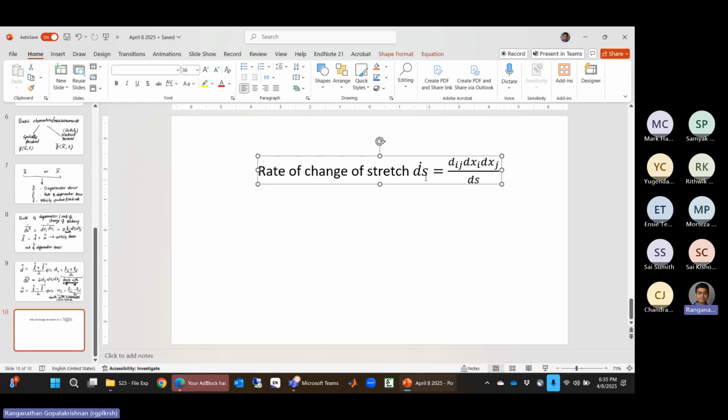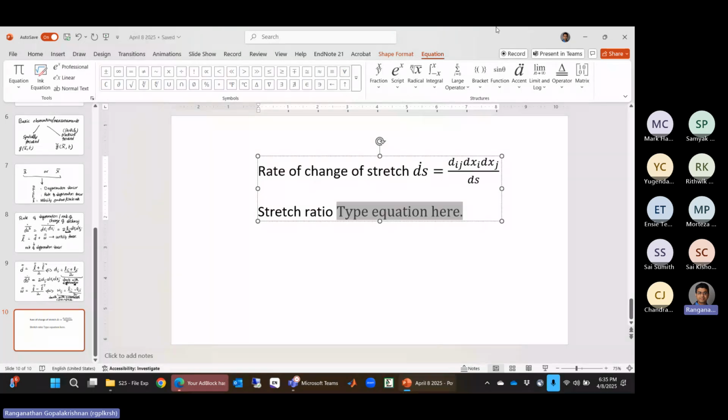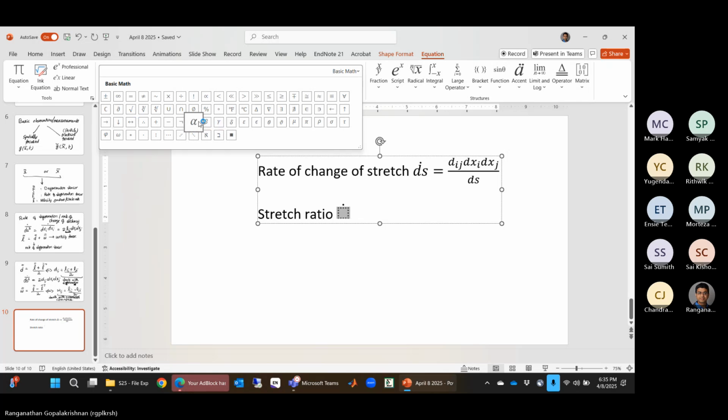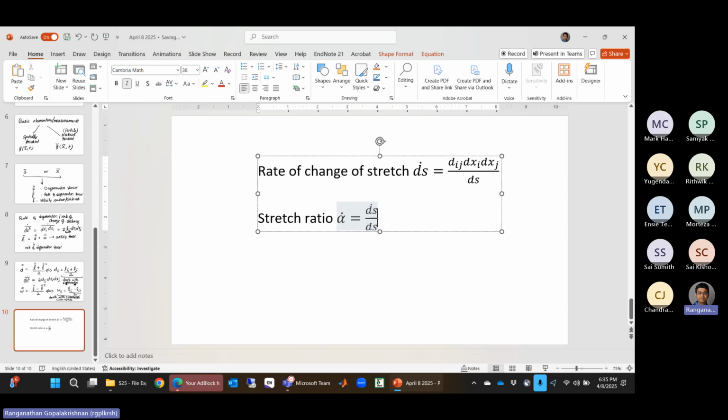Or if you want to calculate the stretch, which we define as the stretch ratio, alpha dot, this is equal to the rate of change of stretch divided by the original length ds.